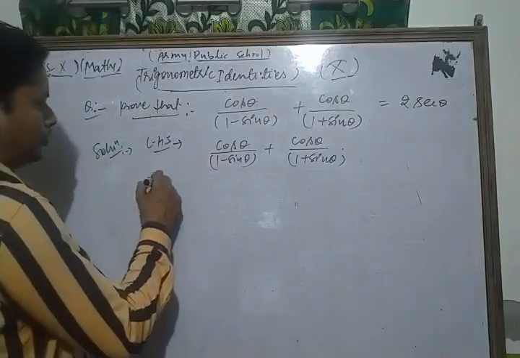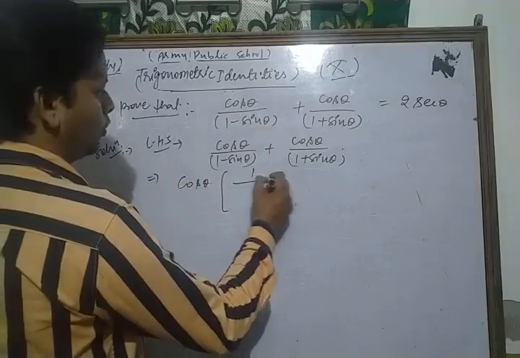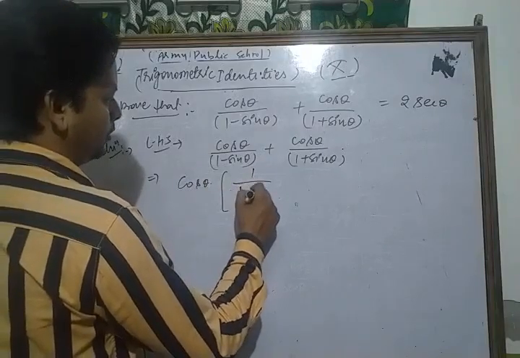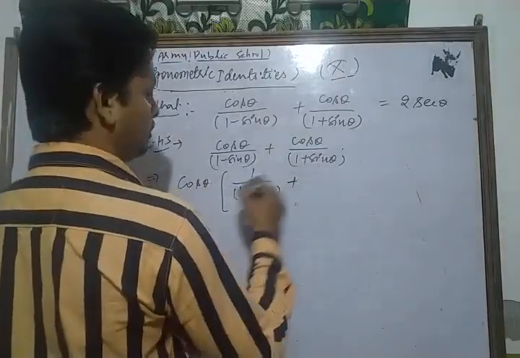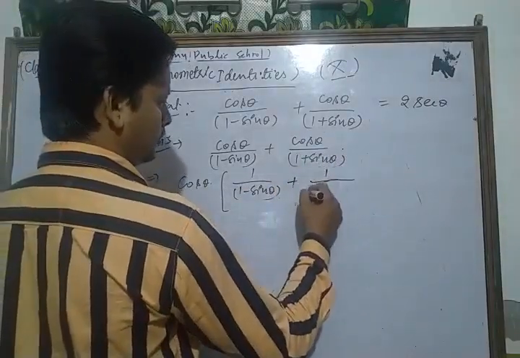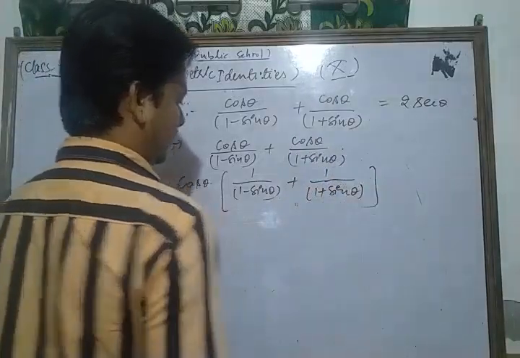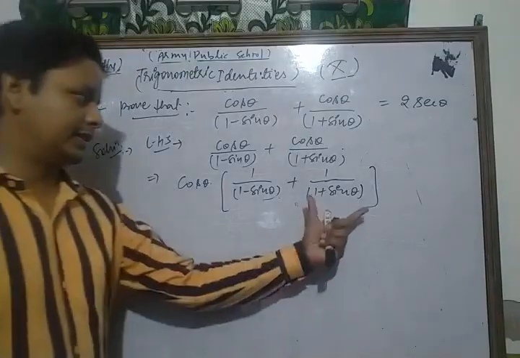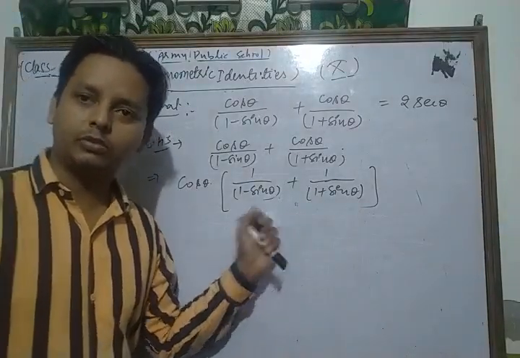So we get cos theta into 1 upon 1 minus sin theta plus 1 upon 1 plus sin theta. Now we simplify these by taking the LCM of their denominators.